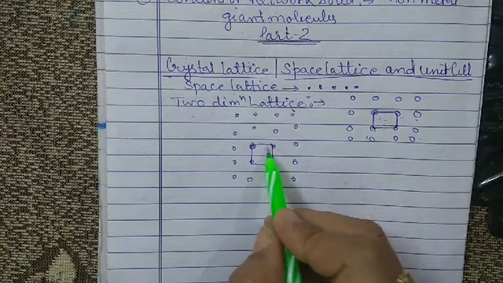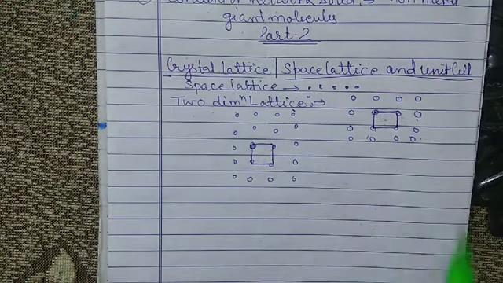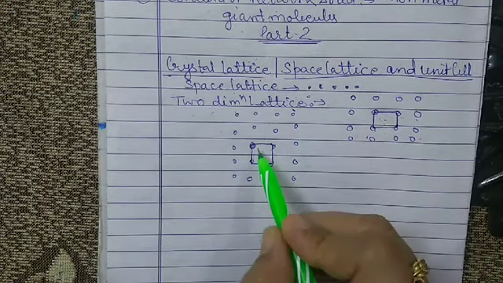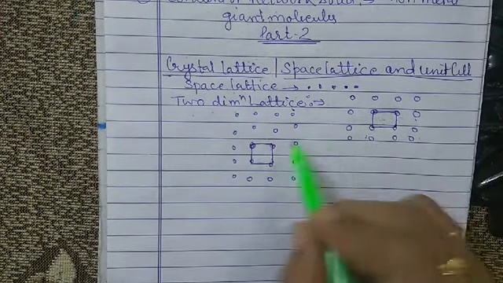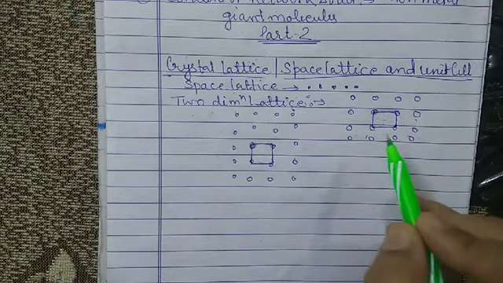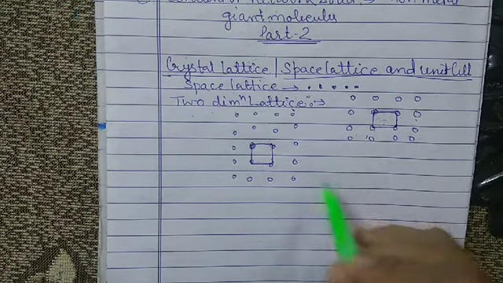This is extended here, this is extended here, because these are three-dimensional or two-dimensional structures. But this small part or this small part, these two small parts are known as the unit cell. Thus the unit cell gives the shape of the entire lattice.